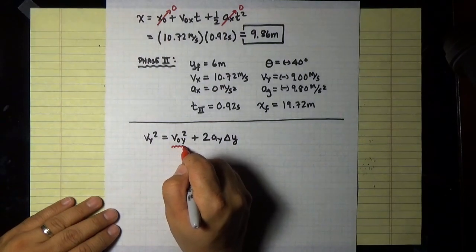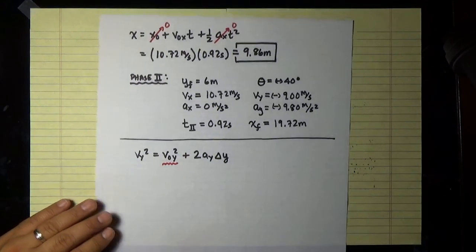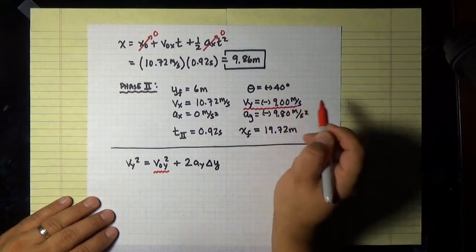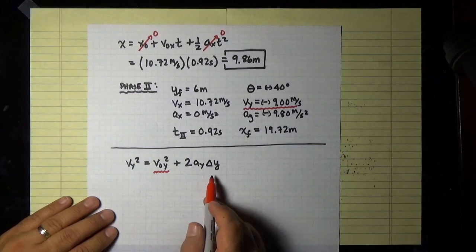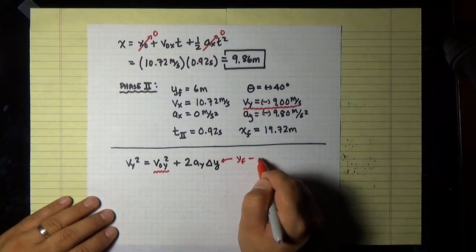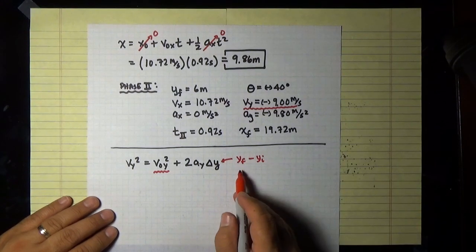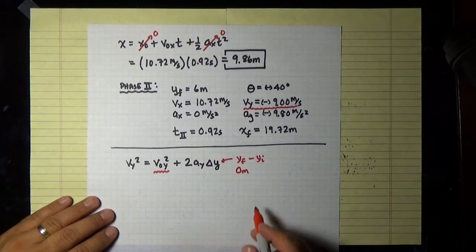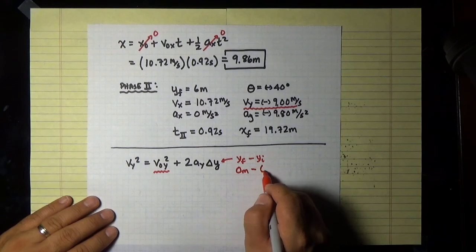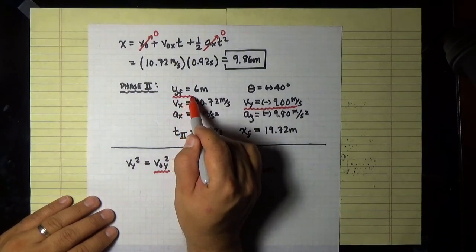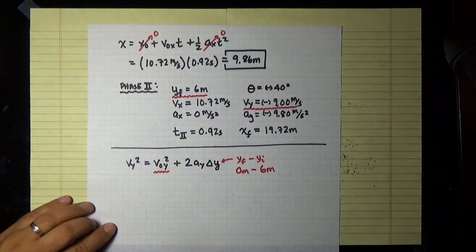The initial y is simply the final value of y at the end of phase 2. Delta y is y final minus y initial. Y final is 0 meters because I'm going to end up at the ground. Y initial is 6 meters because that is where I ended phase 2.